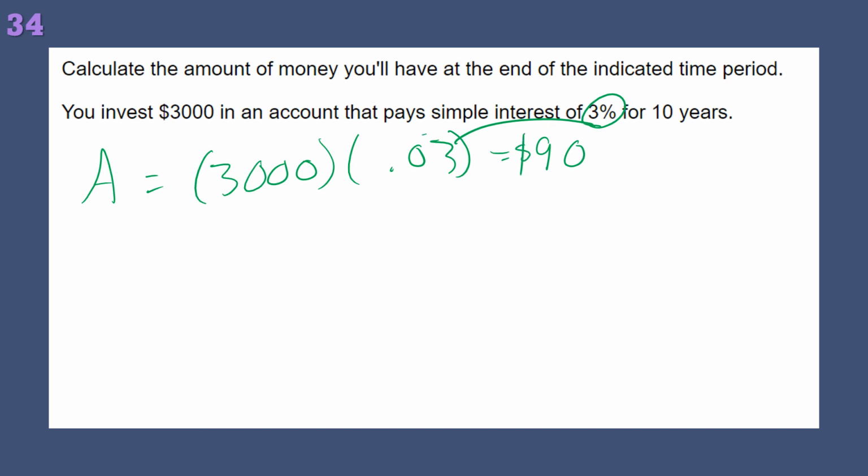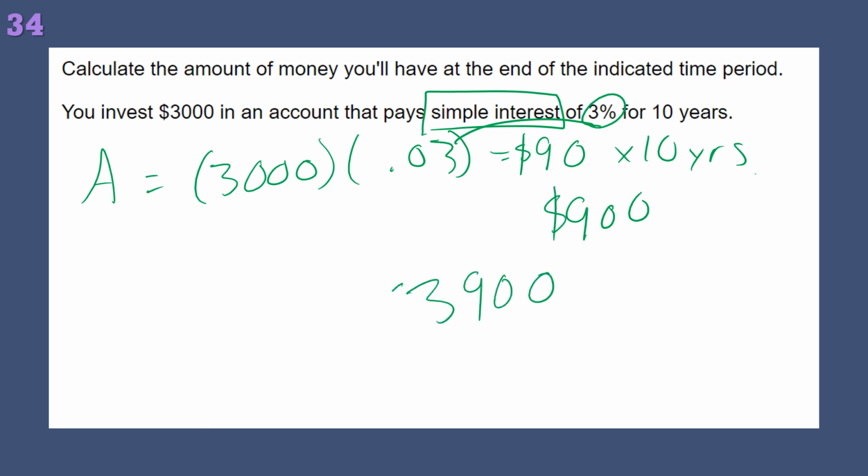And since they're paying simple interest, I'm just going to make $90 times 10 years. So I would make $900. It says how much money you'll have, so we won't have 900. We'll have the money we started with plus that 900. So with simple interest, we find the interest for the first year, and then we just multiply that by however many years we have, because we're going to make the same amount of interest each year.